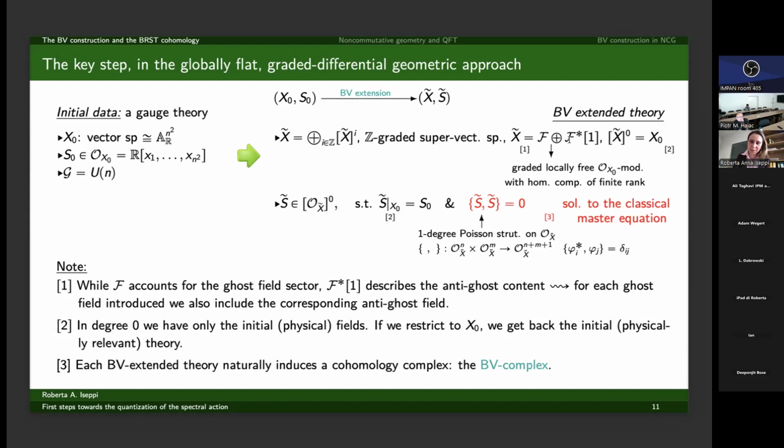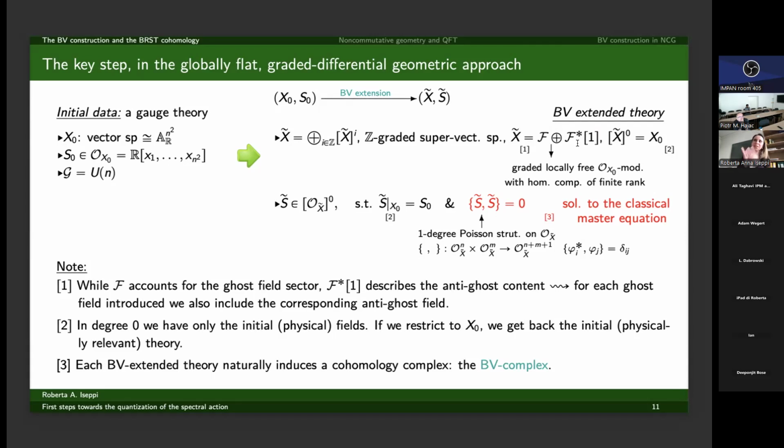And then the notation here, let me explain it. So F starred shifted by 1. I'm introducing for each ghost the corresponding anti-ghost, and the notation is just adding a star. So this is the space of all the anti-ghosts, and the shift is just a shift in the degree. The initial fields are in degree 0. For the initial fields, I also have to introduce a corresponding anti-field, and I don't want that to overlap, because you might remember the ghost degree of an anti-field is minus the ghost degree of the field minus 1, exactly for this reason.